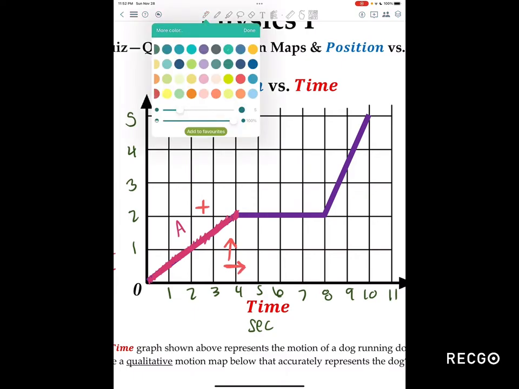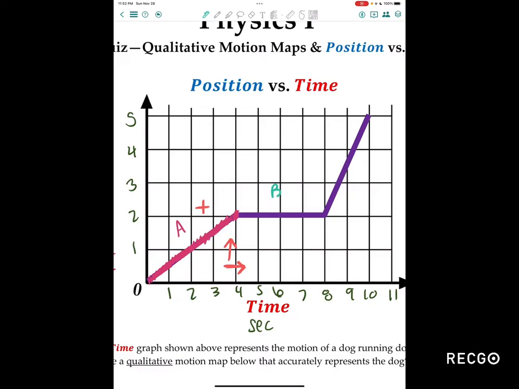Okay, so this is going to be our line B. Line B stays constant for 4 seconds. It's not moving because it is a flat line, so it is not moving up on our position graph. So we know that for 4 seconds, our motion map will be still.